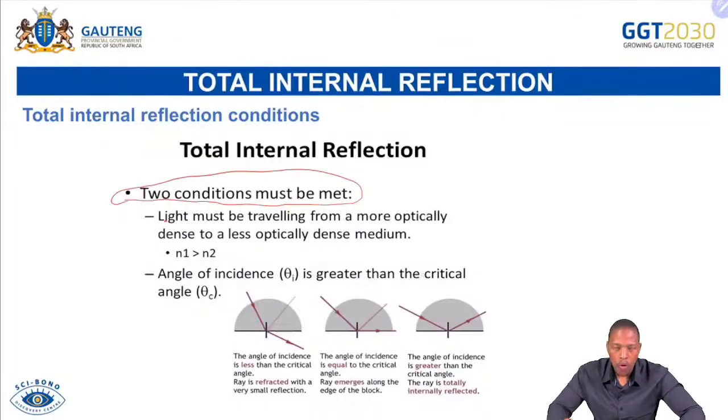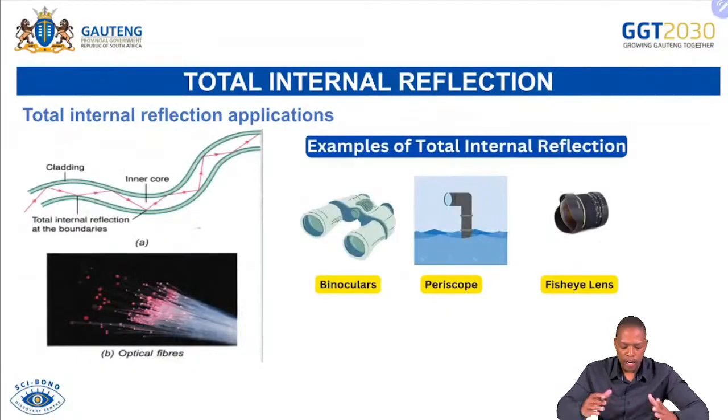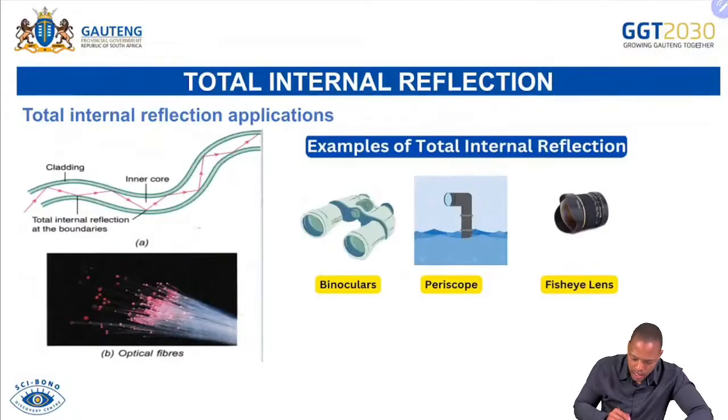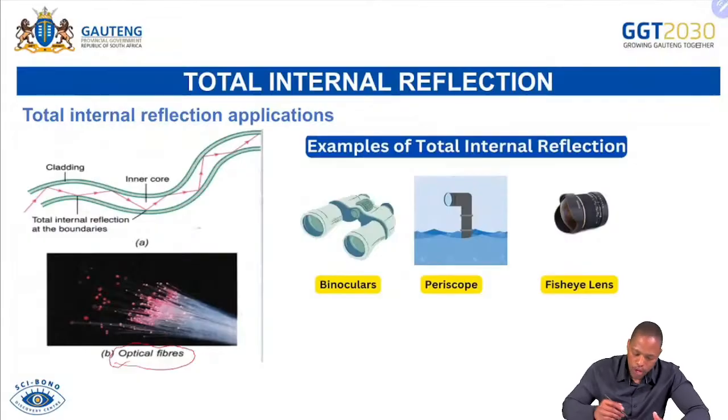Okay, so we'll go through a few examples where total internal reflection is used. The first one is optical fibers, which are tools or conductors that are used for communication.